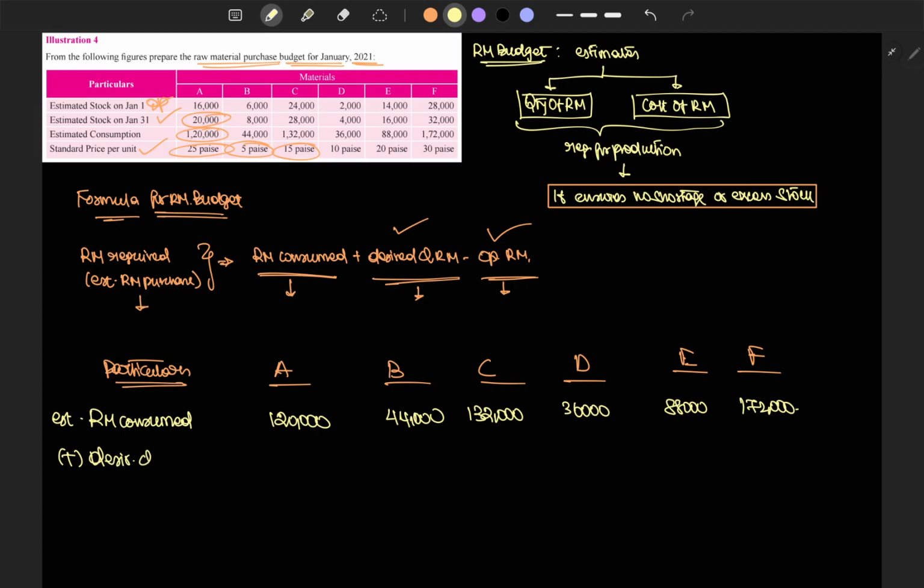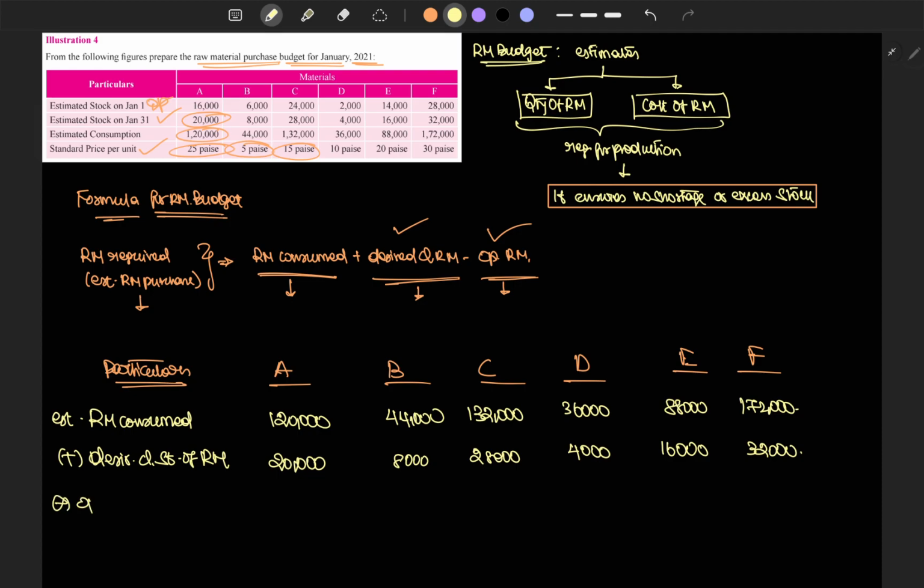plus desired closing stock of RM. So how much raw materials the company wants to keep in the godown at the end of the period. That is 20,000 of A, and 8,000 of RMB, and 28,000 of RMC, and 4,000 of RMD, and 16,000 of RME, and 32,000 of RMF.